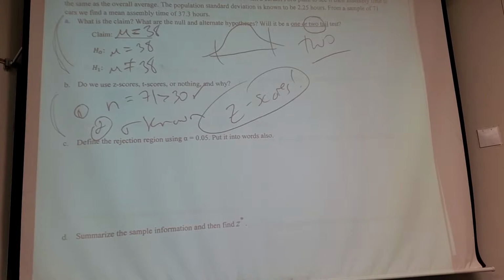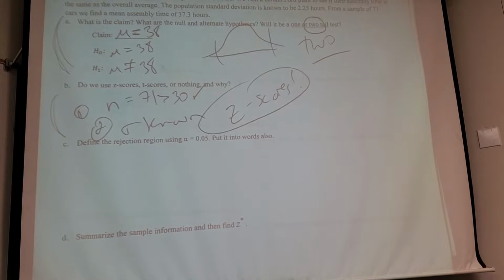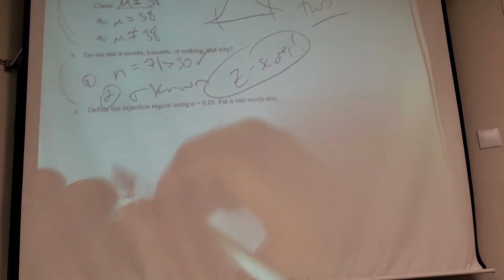So if I take a sample, I could always figure out the standard deviation. Would I use it if I knew the real one? No. So if I know both, screw S. I think I've talked about this because there are problems in the book where you know both. And if you know both, I'm going to use sigma because that's the one that I know is true for everybody. It's not just an estimate, which is what S is. I like it. All right.